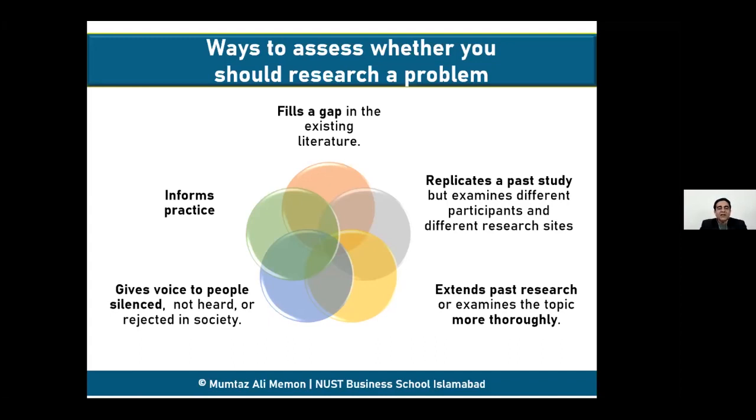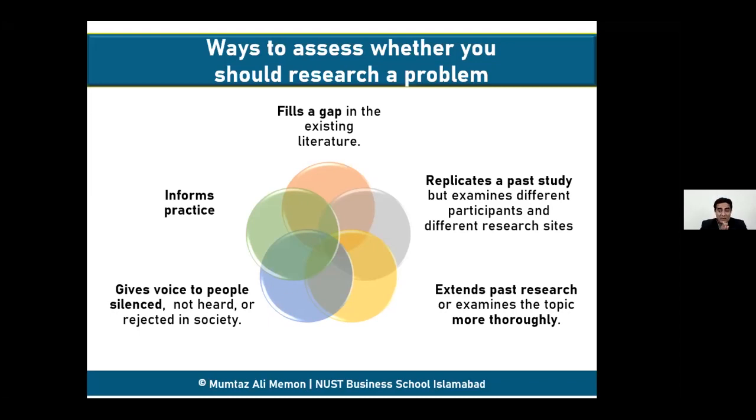Another, give voices to the people: societal issues, some minority issues, things that the world knows must be addressed. Nobody wants to address that minority side. He said then it is very important to focus on that. And then informs practice.